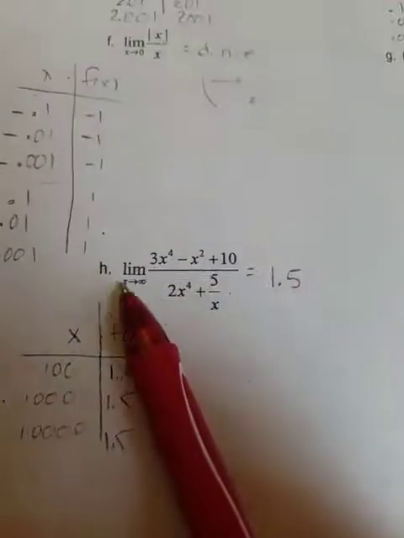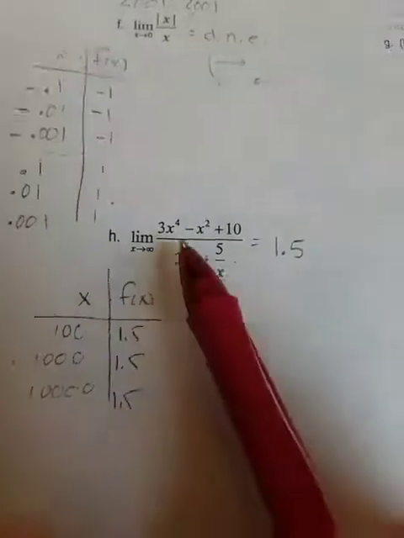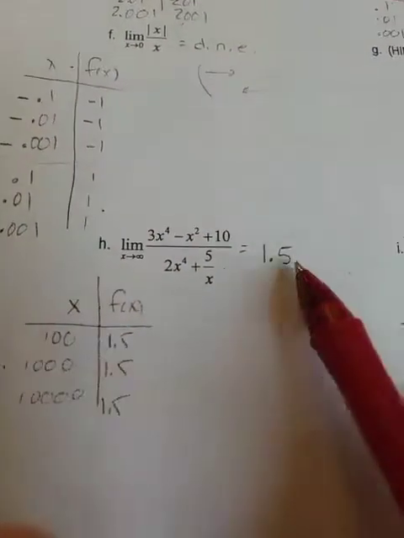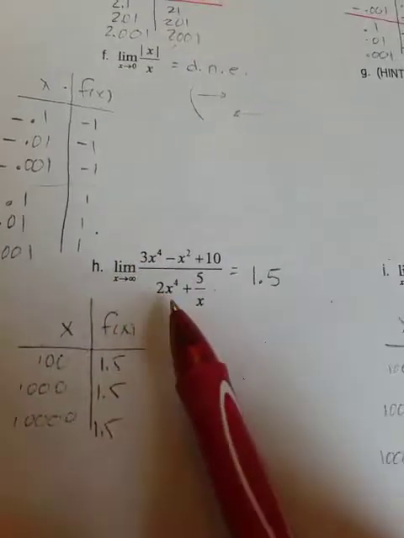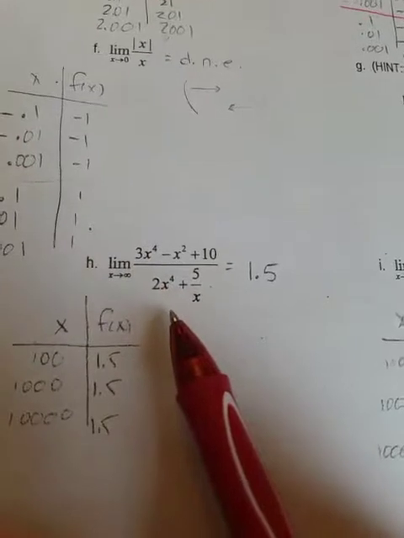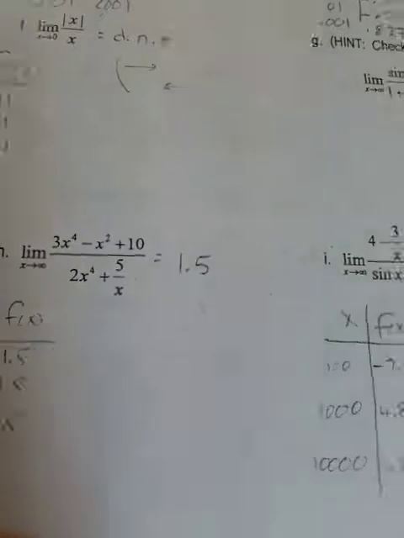Okay, another one here. Now let's change it up. As x approaches infinity, so as x gets bigger and bigger and bigger, putting these large values in for x, you're going to see that f of x approaches 1.5 or 3/2. You should see that anyway based off of what we talked about back in Unit 2 with our rational functions, thinking about your horizontal asymptotes and things.